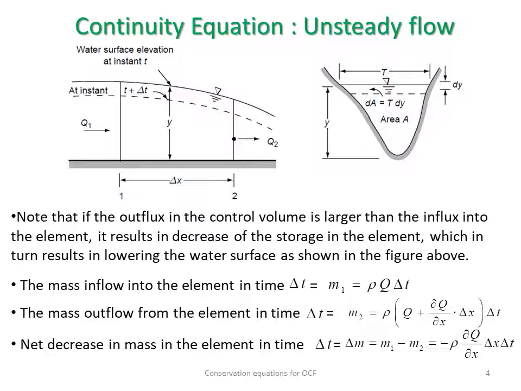At an instant t, the water surface was given by the bold line, and due to the transient flow, or the imbalance in the incoming and outgoing fluxes, the water surface at time t plus delta t has been lowered to the new surface, which is shown by the dotted line. So that's the theory of continuity that we are going to follow in the derivation of this continuity equation.